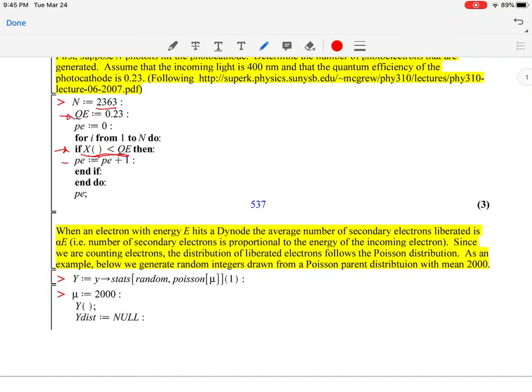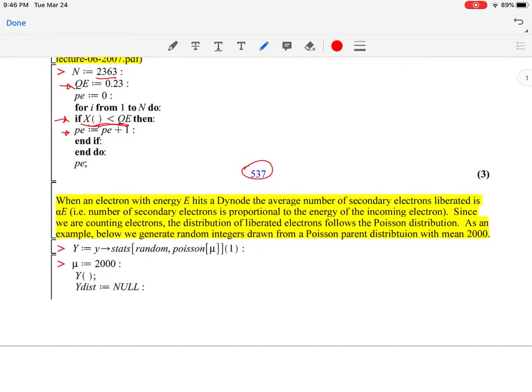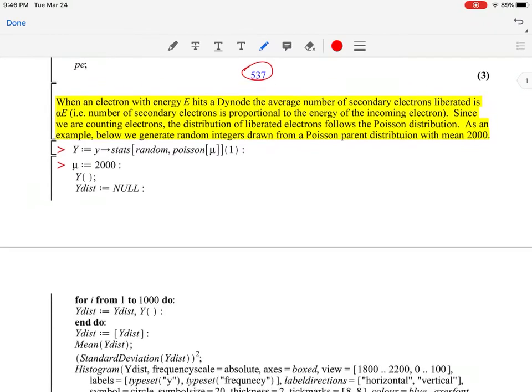Let's just increase the number of photoelectrons by 1. And when I ran this 2,363 times, what I found is that we got 537 photoelectrons, and hopefully 537 divided by 2,363 is a number that's close to 0.23. Okay, so this was just a test that our uniform distribution was working properly. This is not the Monte Carlo simulation yet.